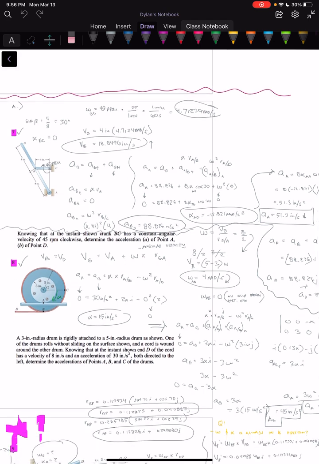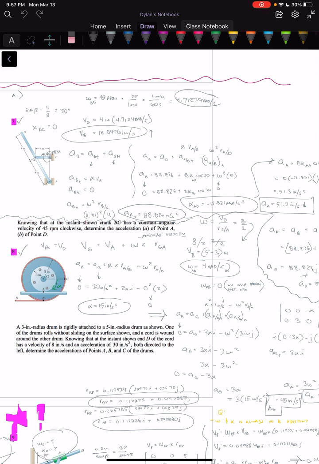Moving on to number 7. This one is very similar. We take our angular velocity formula and plug everything in, and we know that the angular acceleration goes to 0 when we make an instantaneous center point.